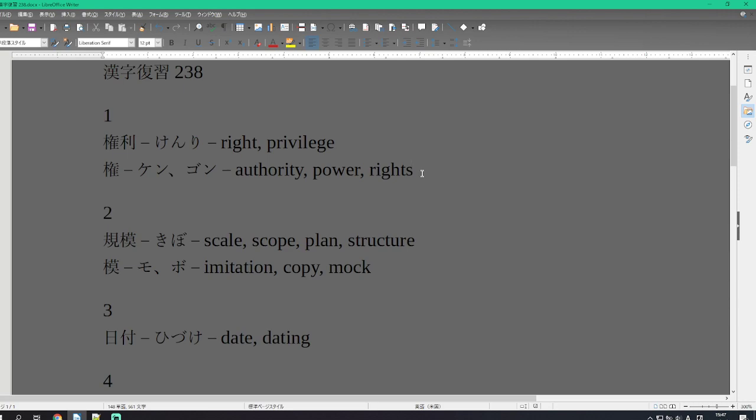I'm repeating this as I write it down 10 times. I write in order to memorize things. You can memorize it however you want to, but writing happens to be my way of doing so. Authority, power, or rights of the two birds sitting in a tree, kind of overseeing things.